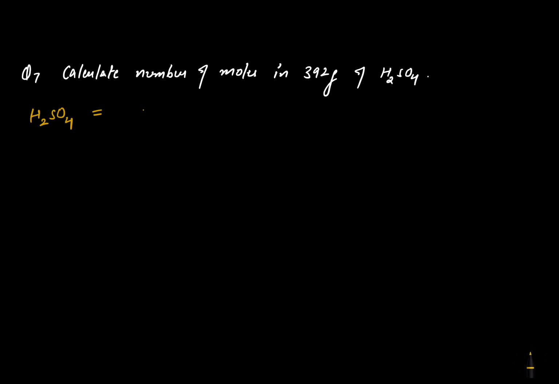The atomic mass of hydrogen is 1, and hydrogen atoms are 2 in number. The atomic mass of sulfur is 32, plus the atomic mass of oxygen is 16 into 4. After evaluating it, I got my answer to be 98 grams. So the molecular mass of H2SO4 is 98 grams. Again, 98 grams stands for 1 mole.